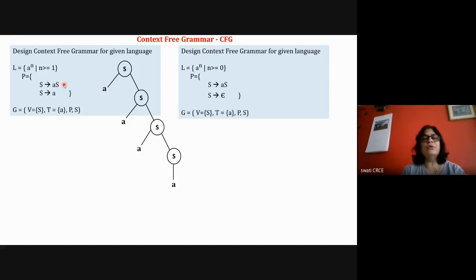So what we do is that suppose we are getting a left recursive grammar, we convert it to a right recursive grammar. Always, when you simplify, like in DFA and NFA, you minimize the number of states. So you design the DFA and then you perform minimization. Like that, in context-free grammar, you design the grammar, and if the grammar is left recursive, you will have to convert it to right recursion.